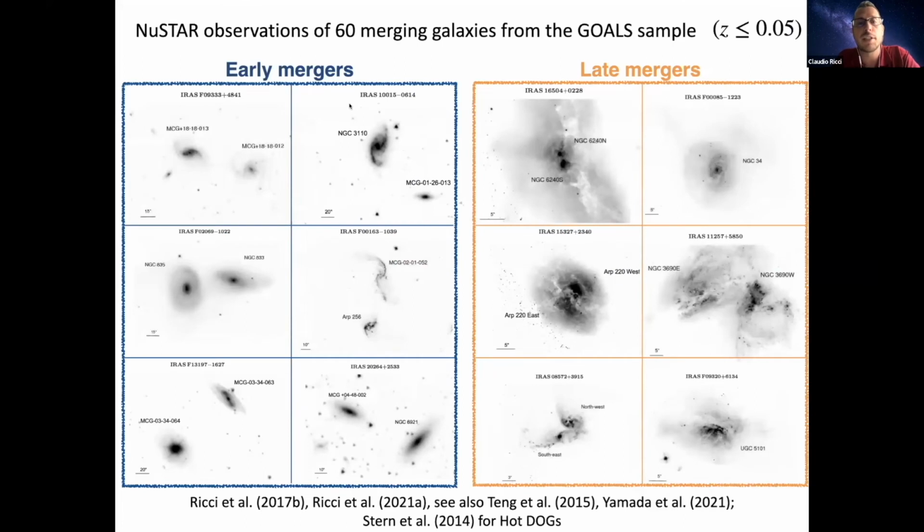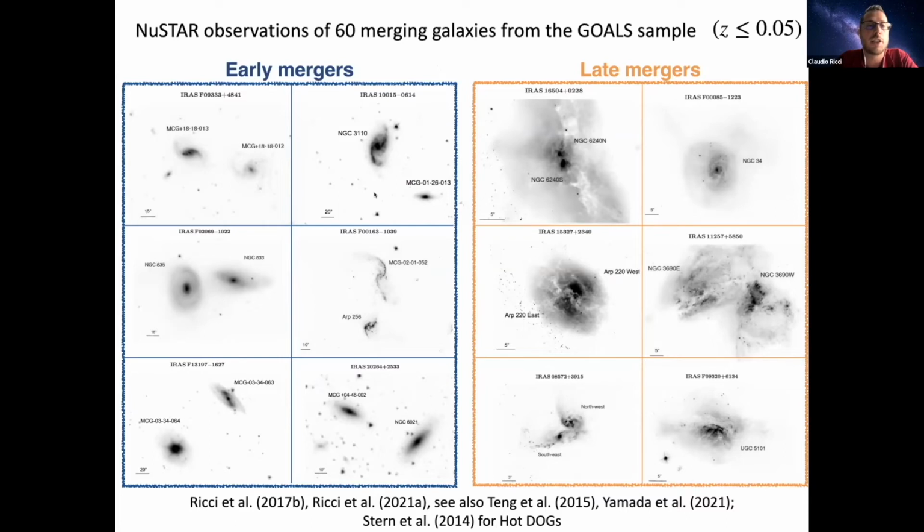So several studies have looked at NuSTAR observations of nearby galaxies in mergers, which might or might not contain AGN. And this, I must say, was the first time this was possible in the hard X-ray band, because work done before with BAT was not really able to see much due to the lower sensitivity.